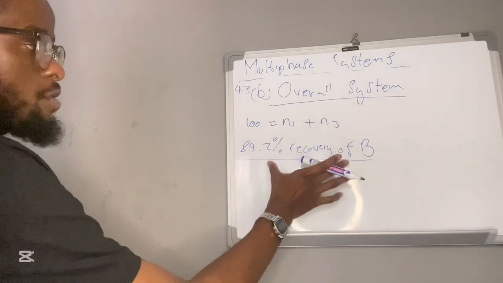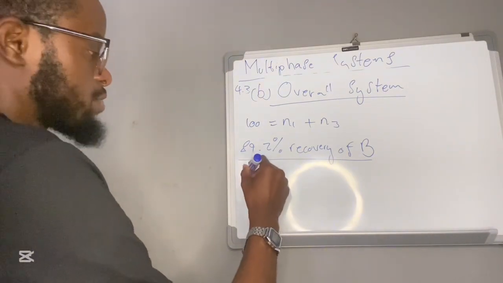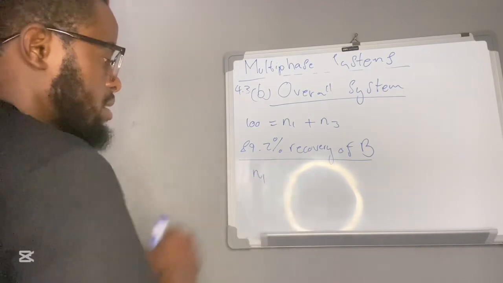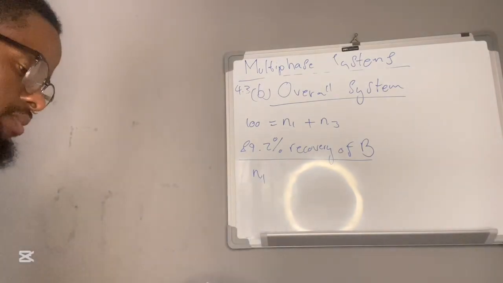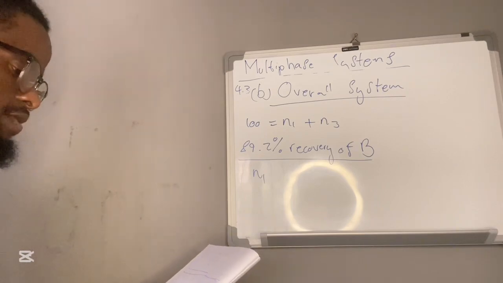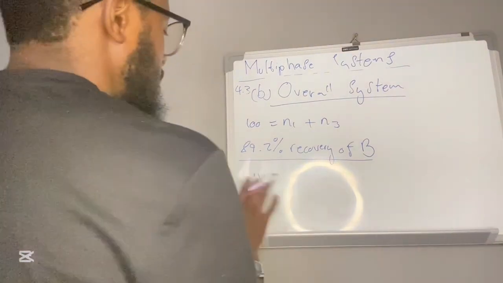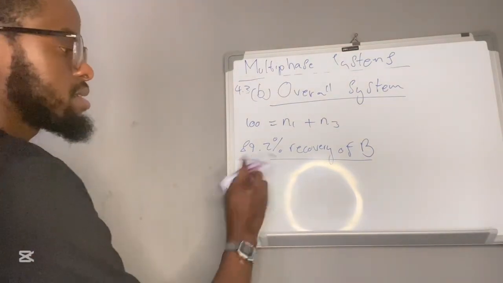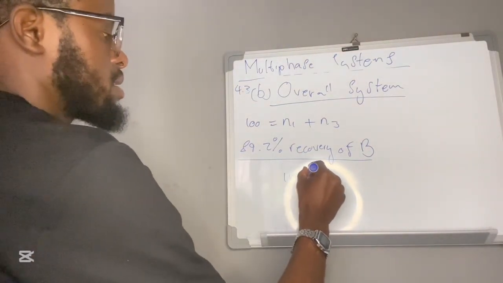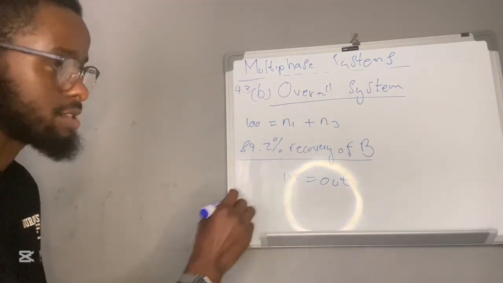Now, to get recovery of benzene, we need to find N1. So how are we going to find N1 with the recovery of benzene? Remember that I said in is equal to out, right?